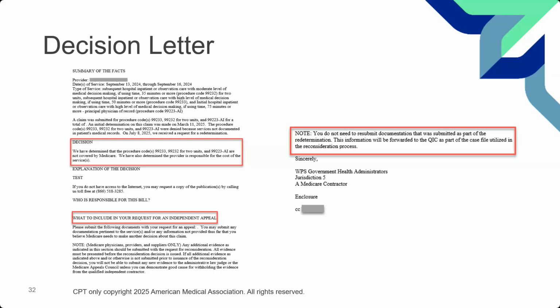WPS does forward any documentation that you've submitted along to the QIC. So you don't have to worry about gathering all that information. You just want to take whatever additional information is going to support medical necessity, things like that. That's what you're going to want to send to the QIC.